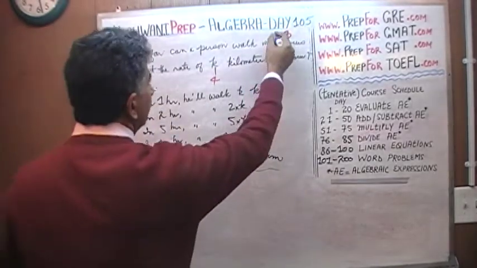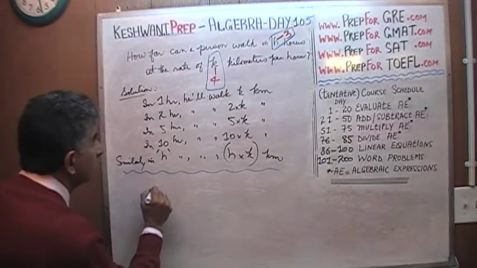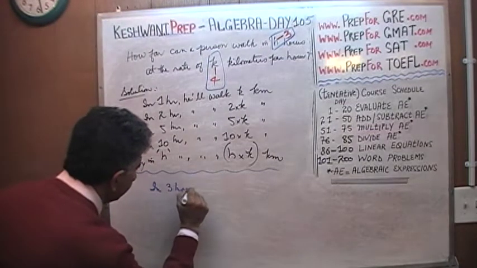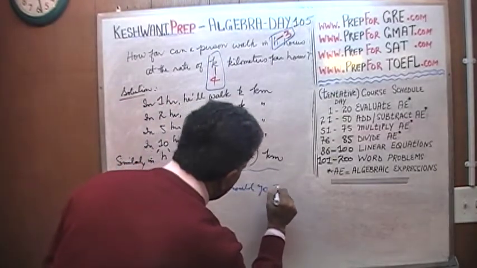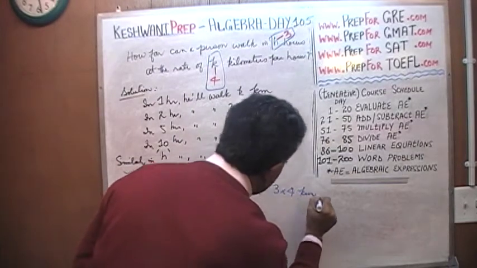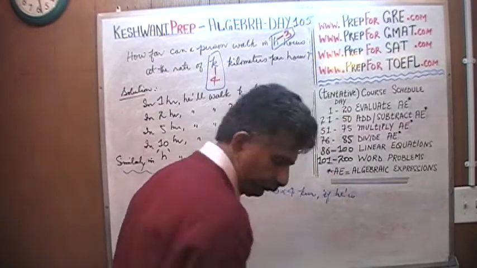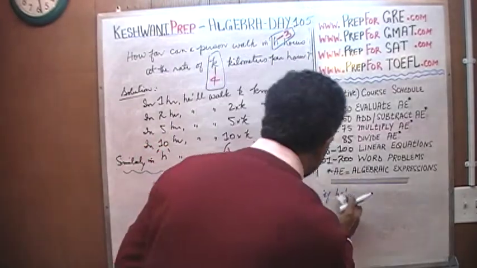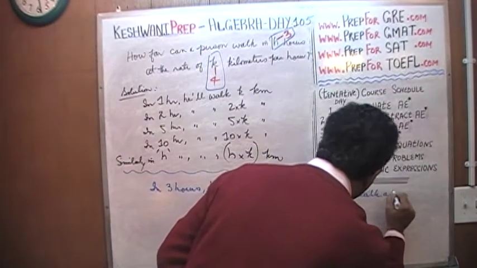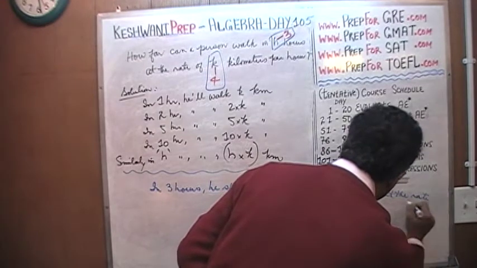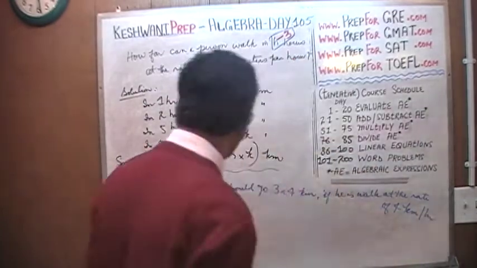So now I'm plugging in numbers right here. In 3 hours, he should go 3 times 4 kilometers if he's walking at the rate of 4 kilometers per hour.